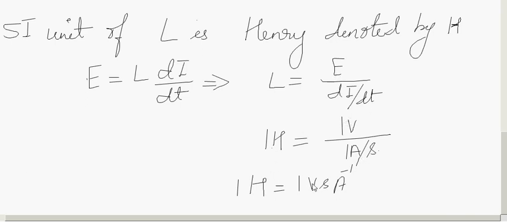Therefore 1 Henry equals 1 volt second per ampere. Therefore self-inductance of a coil is said to be 1 Henry if an EMF of 1 volt gets induced in the coil when the rate of change of current is 1 ampere per second.